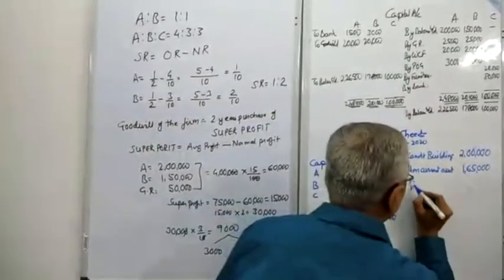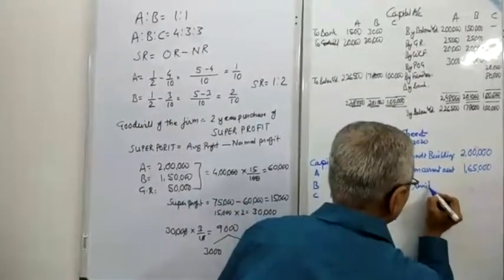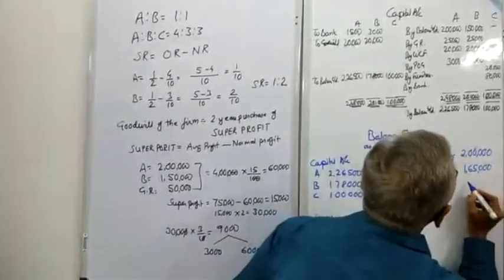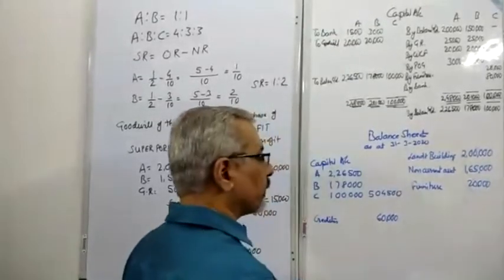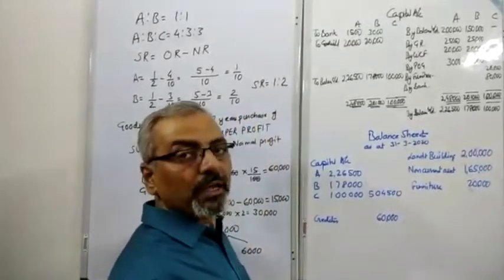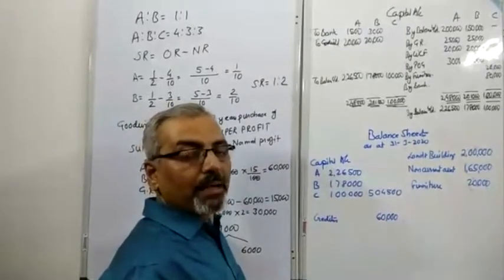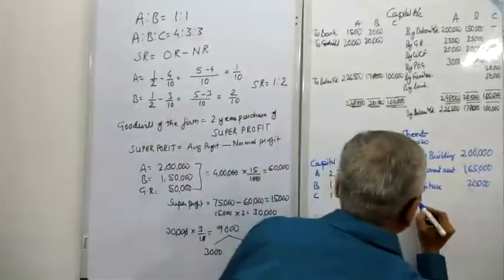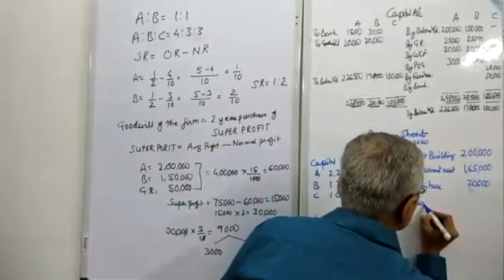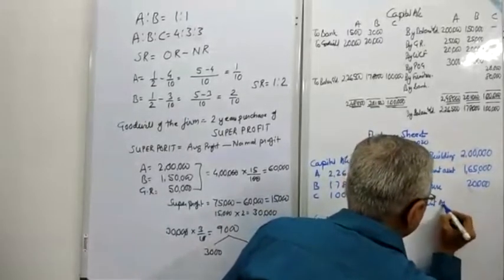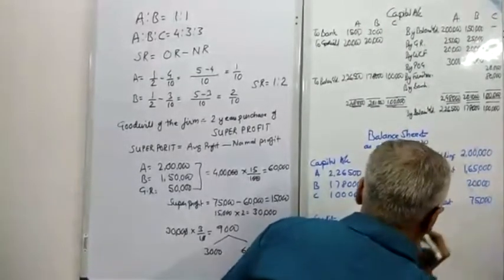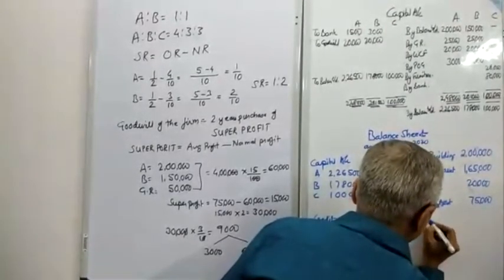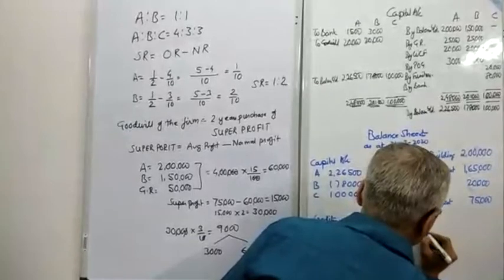So there is a furniture of 20,000. We are also given information about current assets of 75,000, excluding a cash bank balance of 20,000. So we have current assets. The value is 75,000. And now we have a figure of bank which is given to us as 20,000.